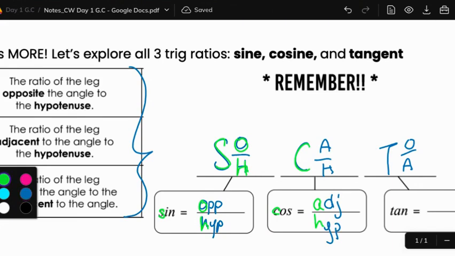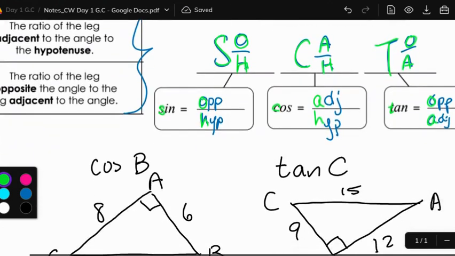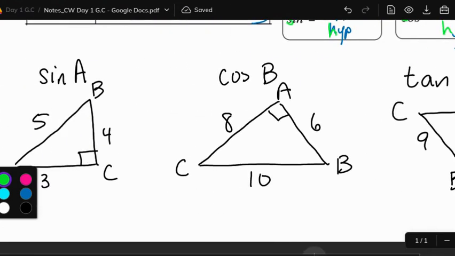And the tangent is opposite over adjacent, so O over A. So we have A over H for cosine, O over H for sine, O over A for tangent. So SOH CAH TOA. So a quick little review here.